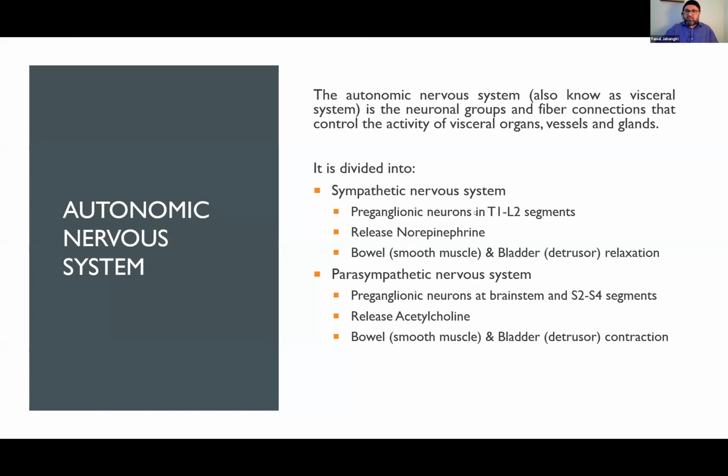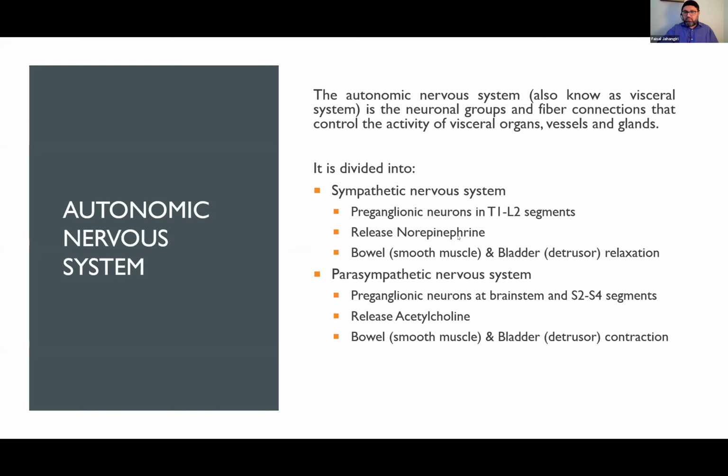Both systems have preganglionic nuclei and postganglionic nuclei, but the length of the first neuron is different in sympathetic versus parasympathetic. The preganglionic neurons for the sympathetic system are at the level of the thoracic 1 vertebra to L2 segments.